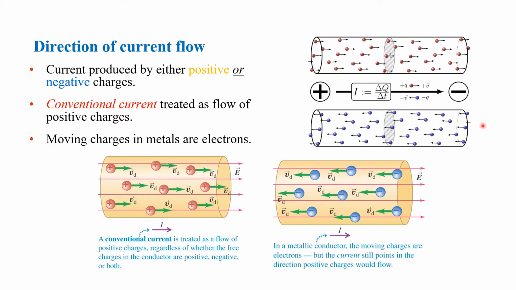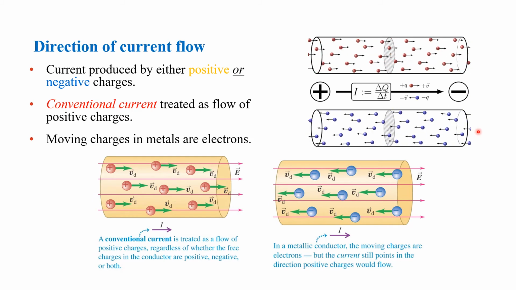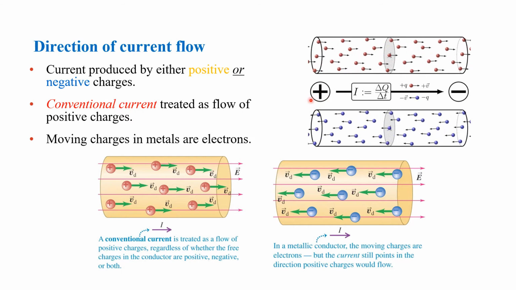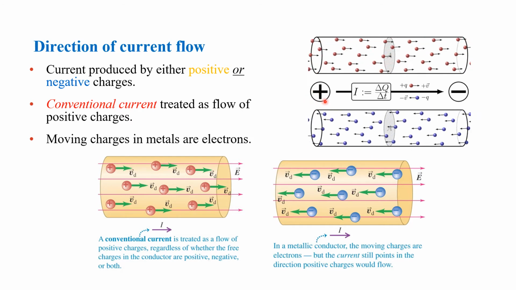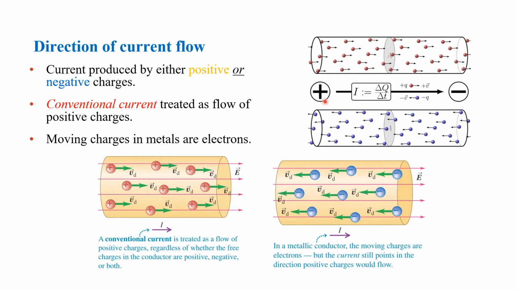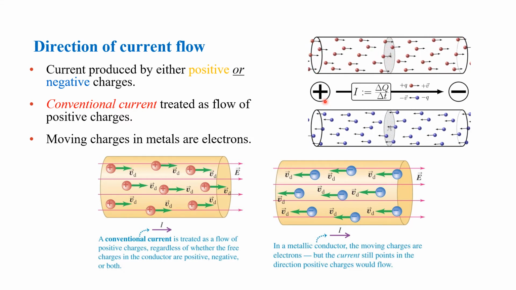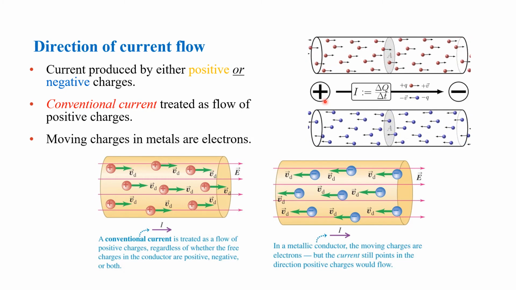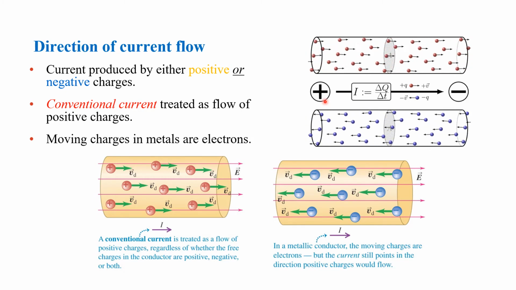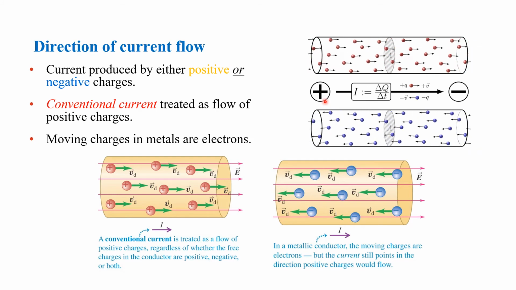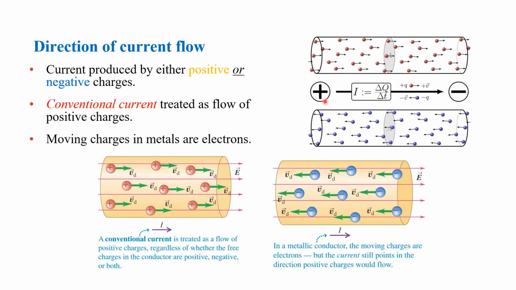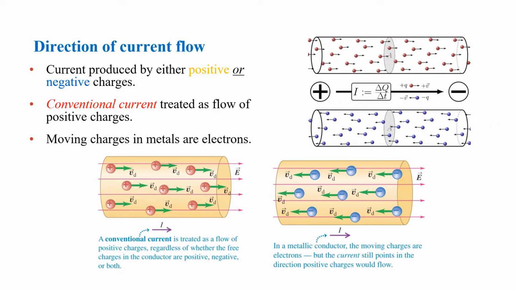This is opposite to the flow of negative charges, which are attracted to the positive terminal. Again, conventional current is treated as the flow of positive charges, regardless of whether the free charges in the conductor are positive, negative, or both. In a metallic conductor, the moving charges are electrons, but the current still points in the direction of positive charge flow.